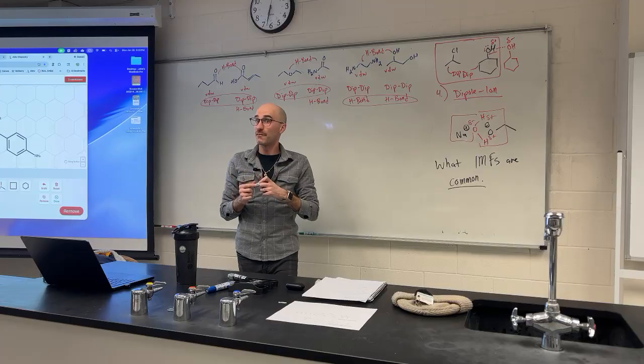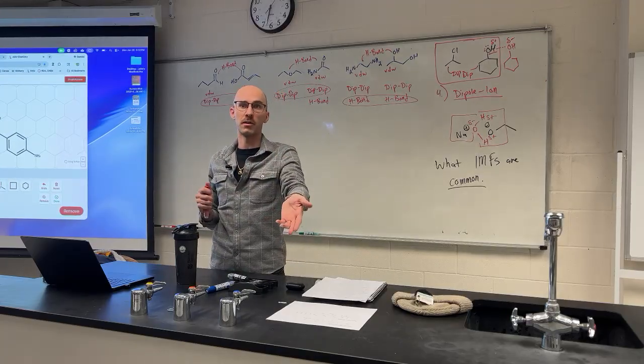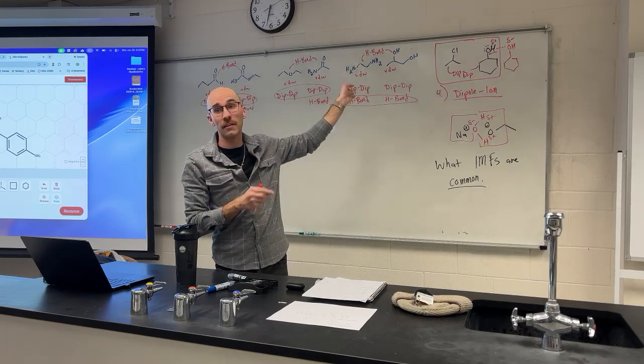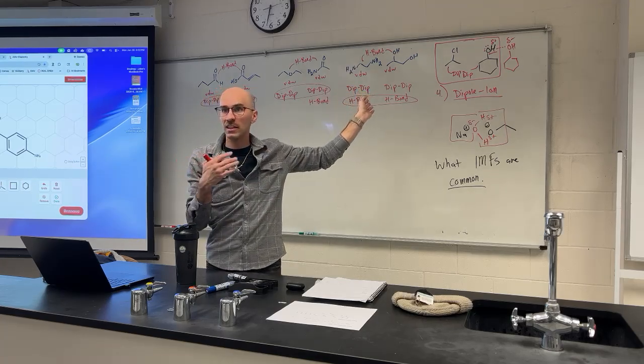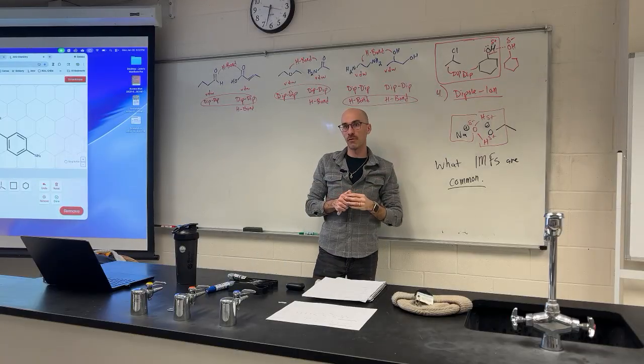Chlorine, not fluorine, chlorine cannot donate its lone pair in a hydrogen bond. So that compound on the left is incapable of hydrogen bonding, so the strongest interaction it will have on the right is a dipole-dipole force.